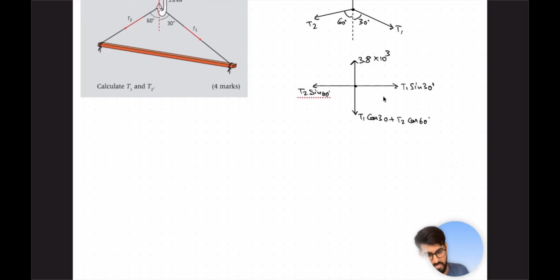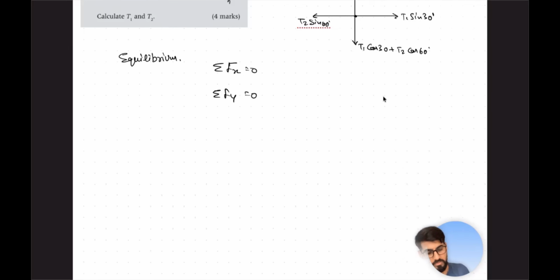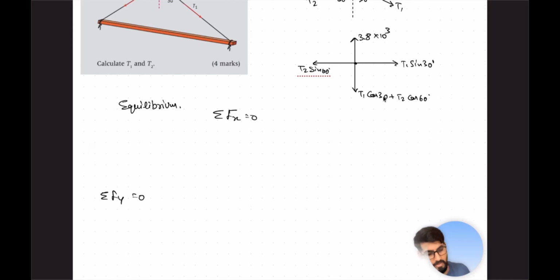And then I know that if it is at rest, or you can say at equilibrium, the summation of Fx is 0 and the summation of Fy is also 0. So if I make the equation for Fx first, Fx is simply T1 sin 30 equals T2 sin 60.